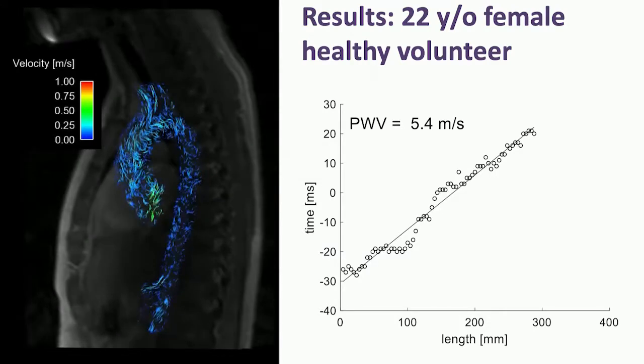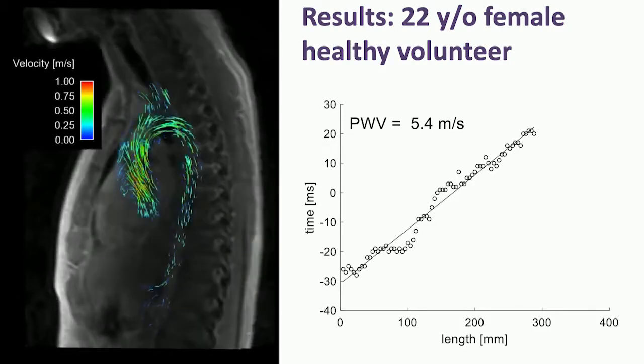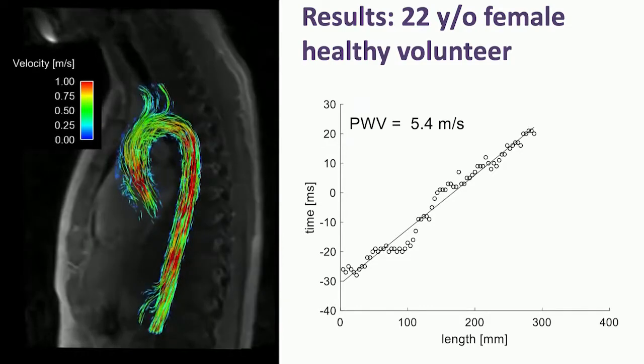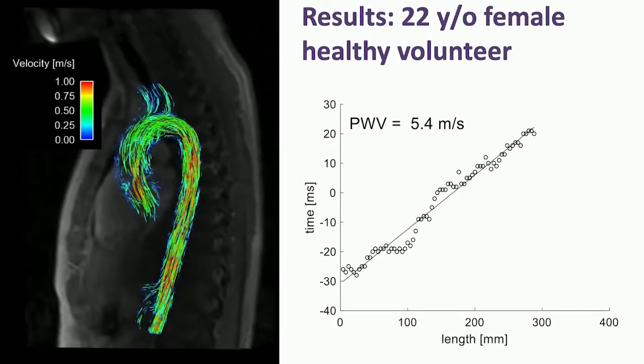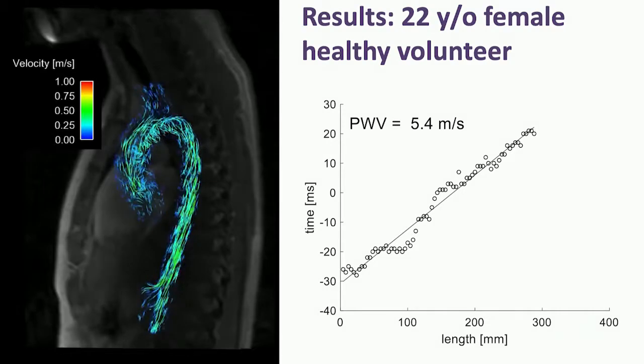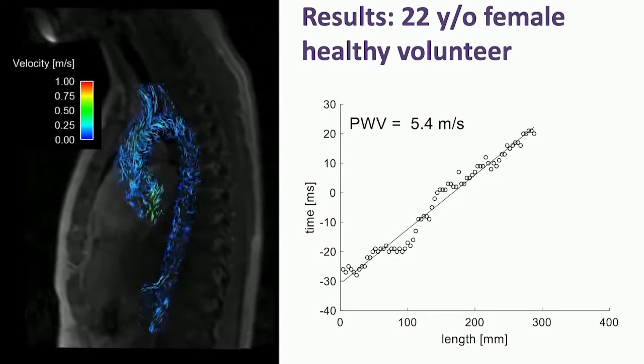So here's results in a 22-year-old female healthy volunteer. You can appreciate relatively organized blood flow patterns, as well as high velocities. In red, we're showing anything over 1 meter per second, so there's a good amount of flow going above that level. The pulse wave velocity that I measured here was about 5 meters per second.